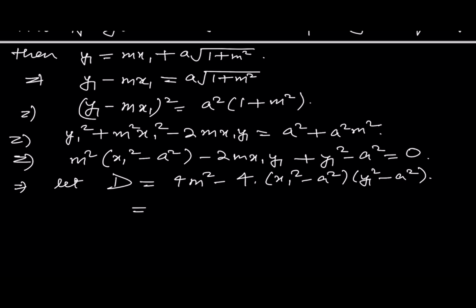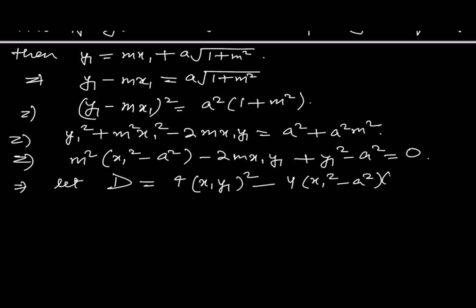Or rather, D is 4 times (x1 y1) whole square minus 4 times (x1 square - a square) into (y1 square - a square).